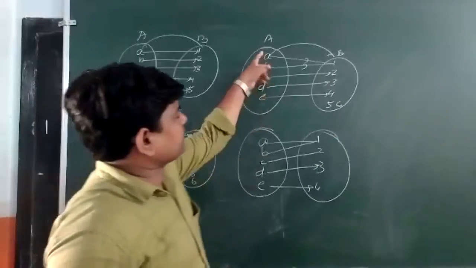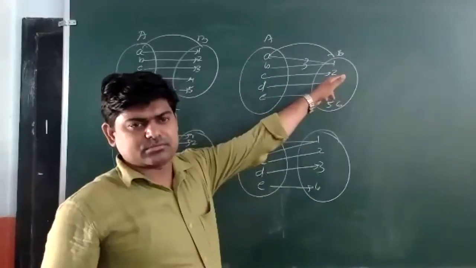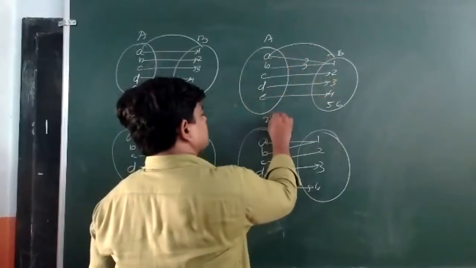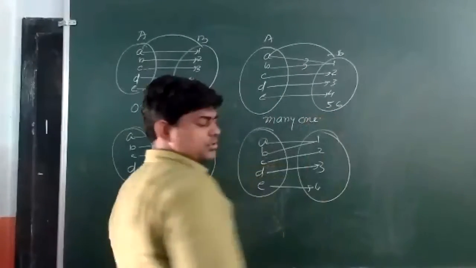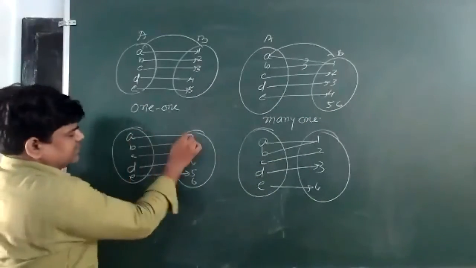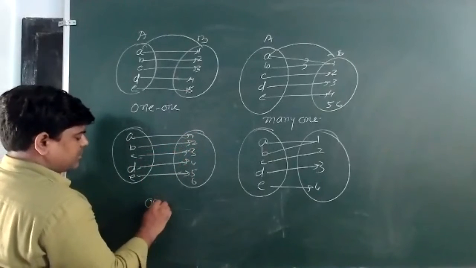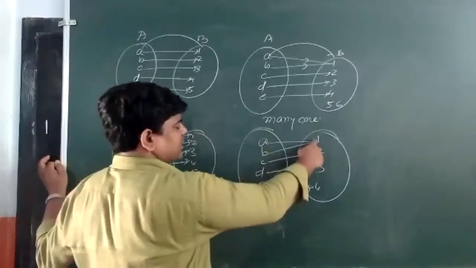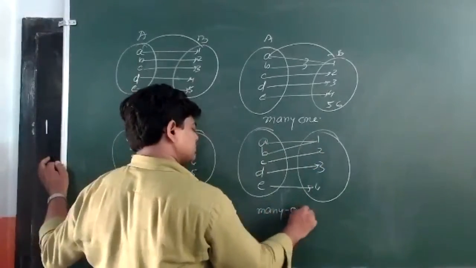At the same time, you can see here two different elements are related to the same element. It can be called many one. Now, moving here again, we are having the same thing, 1 to 1, 1 to 1, 1 to 1. It can be called 1, 1. And here also you can see these two elements are having the same image. It can be called many one.